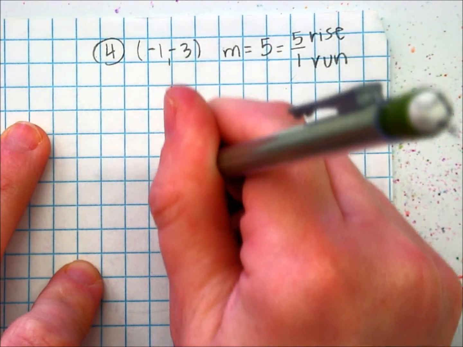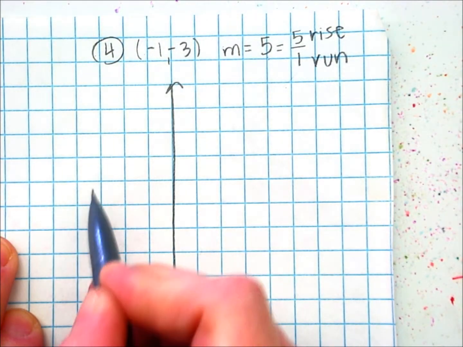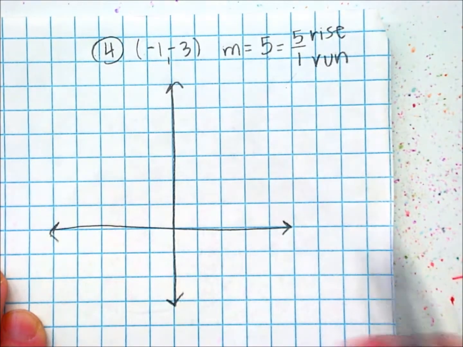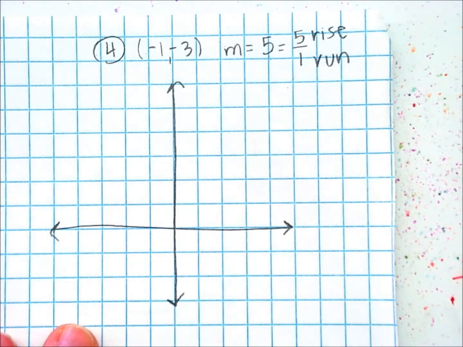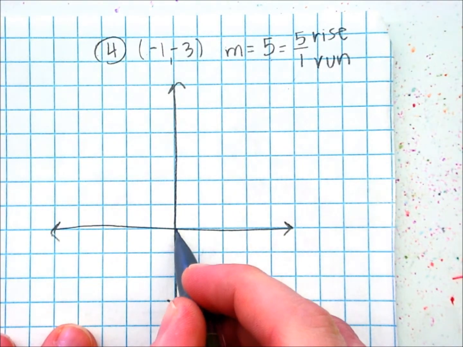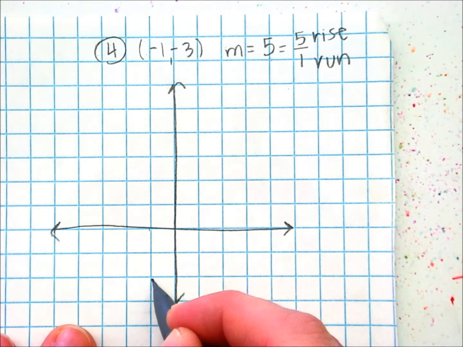So draw your coordinate grid. And we'll plot the point -1, -3. So I start at the origin and move left 1 unit. And then -3 is the y-coordinate, so I go down 3 units.